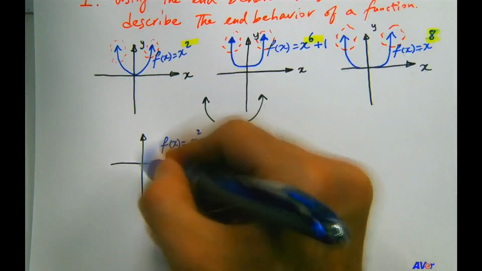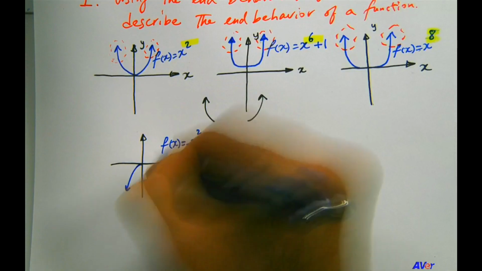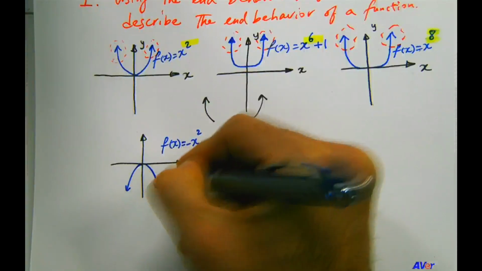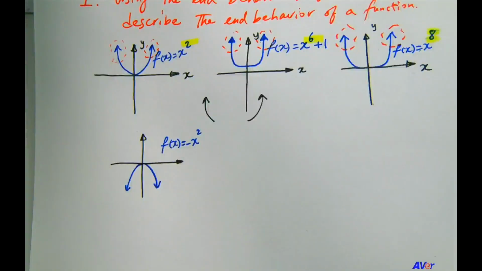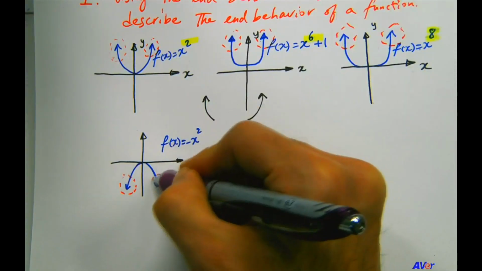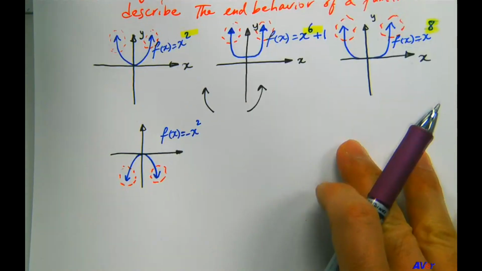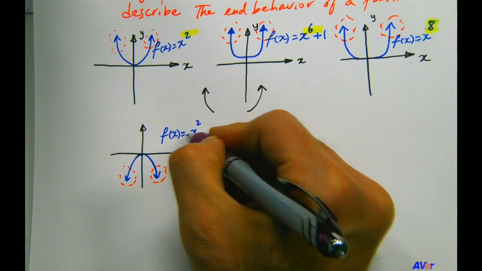Then the graph is going to flip upside down like that. Notice the end behavior once again. It retains the same shape, but it's flipped upside down, only because we have a minus in front here.